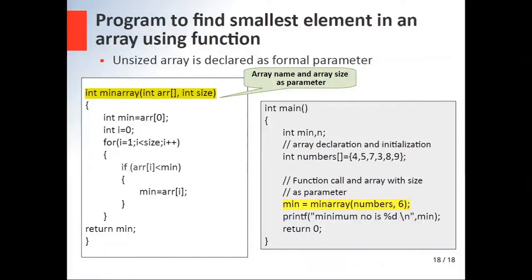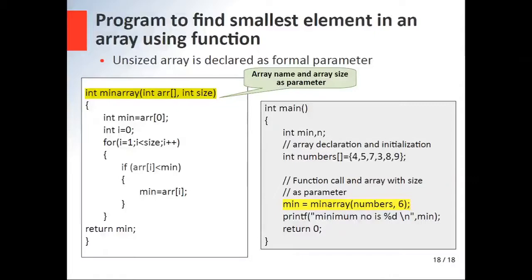So inside the loop, for i equal to 1, we are starting from the second data element, and i less than size. Then if array of i, that is the value at that position, is less than min.